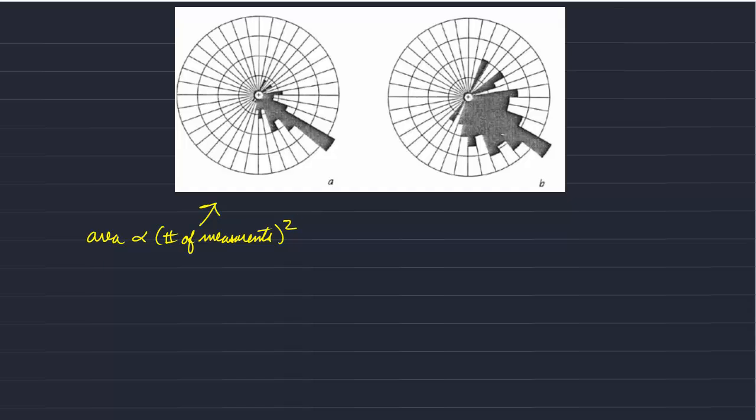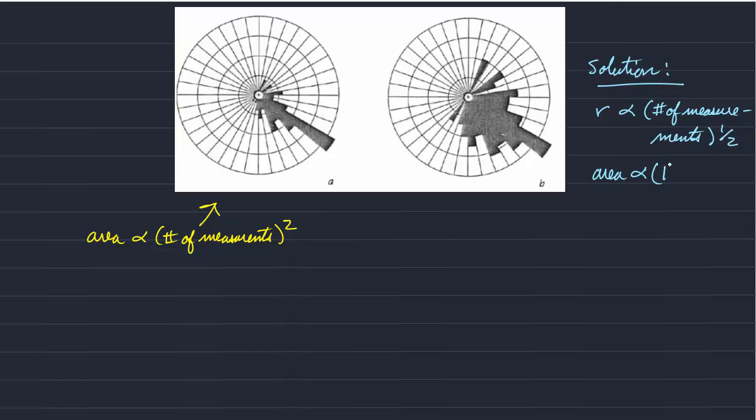And the solution proposed by Davis is to have r, the length, be proportional to the square root of the number of measurements. Okay, so that way the area is directly proportional to the number of measurements.